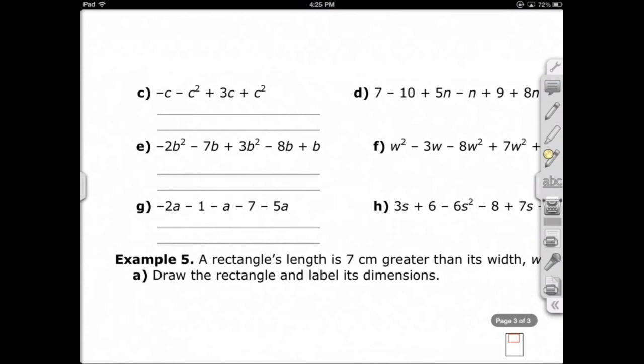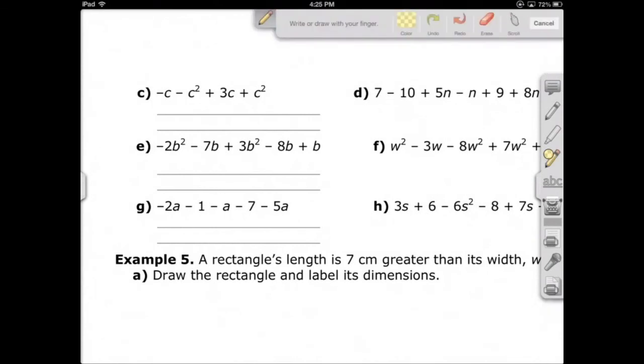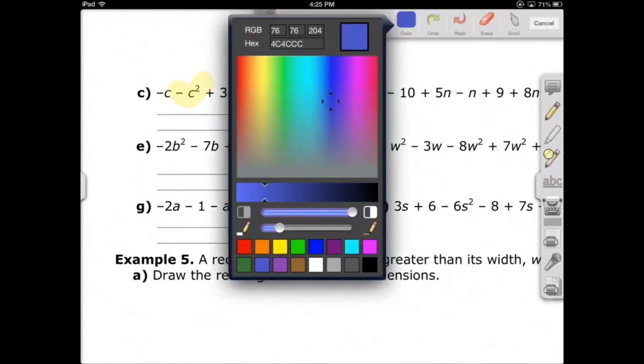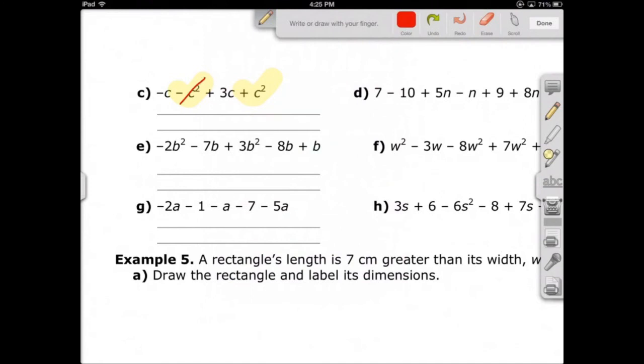Okay, rich with examples. Again, I'll hurry and go through a few of these. If we look at those two, there's a negative c squared and a c squared. So that's like negative 1 plus 1. If you had 1 and 1 died, let's say c squared represents a really large cat like a mountain lion, then you could come along and say, well, time for red, they canceled each other.